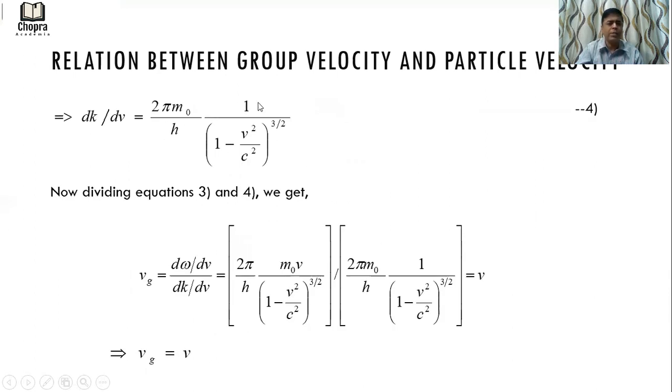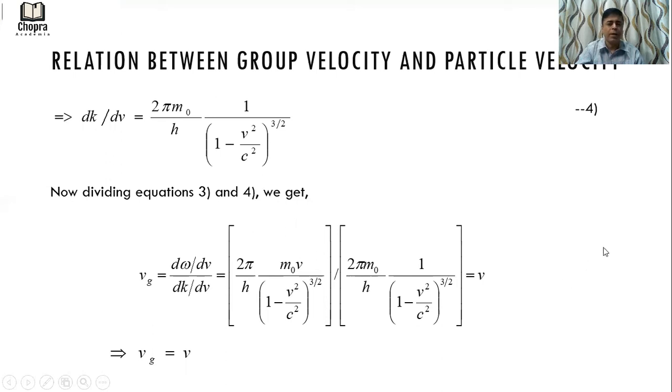That is equation number 4. We just divide these two equations, equations 3 and 4, in order to get the group velocity. All the terms get cancelled out, only v is left in the numerator. So we have the group velocity equal to the particle velocity. That is one relation we have found just now.